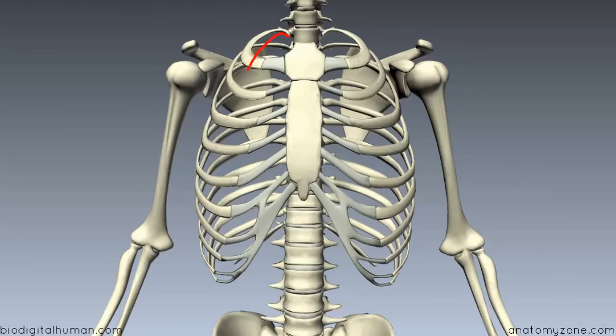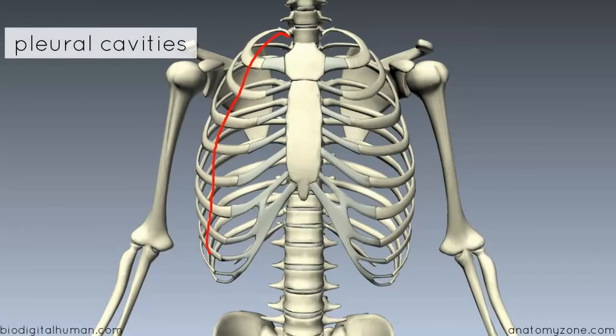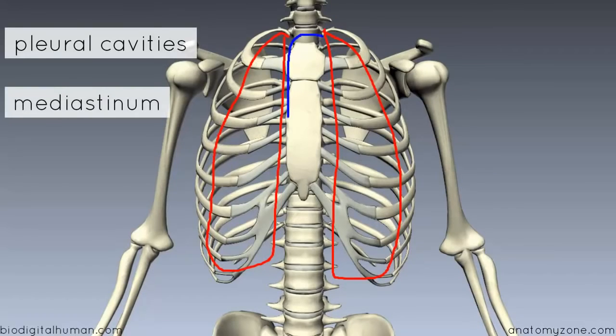So within the thorax itself you've got three cavities. So you've got two pleural cavities which contain the lungs, and they sit laterally. So I'm just drawing these on in red. And in between these two pleural cavities you've got the mediastinum, which contains the heart and the great vessels, as well as other structures like the trachea and esophagus and various nerves and other lymphatic structures.